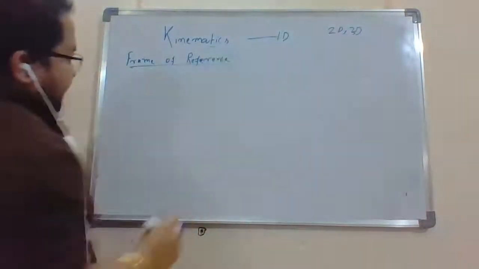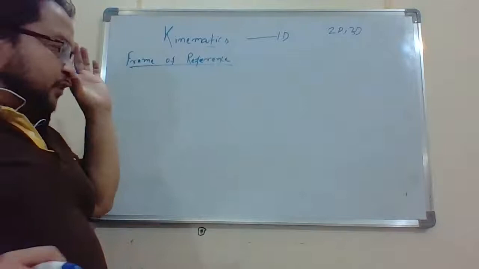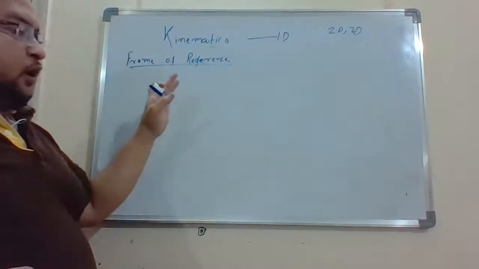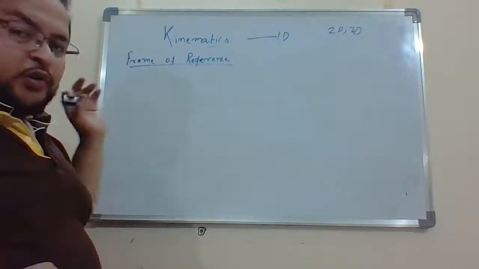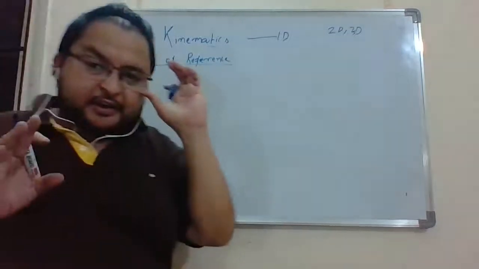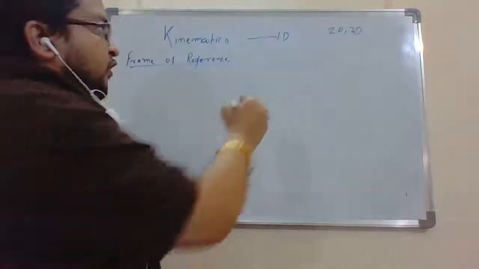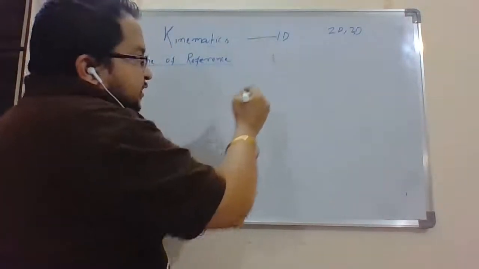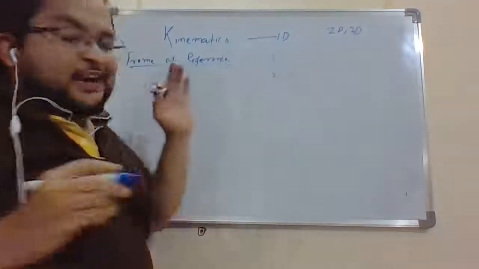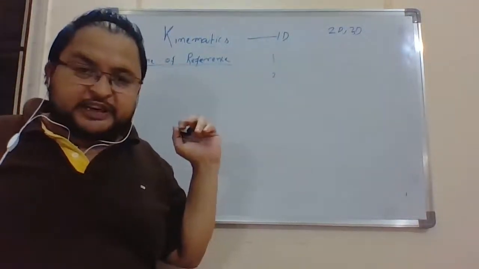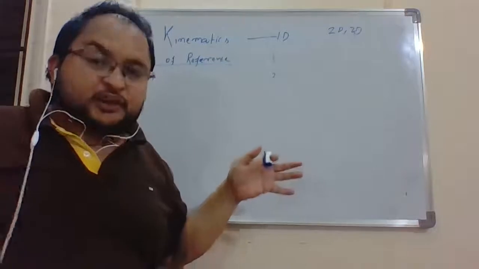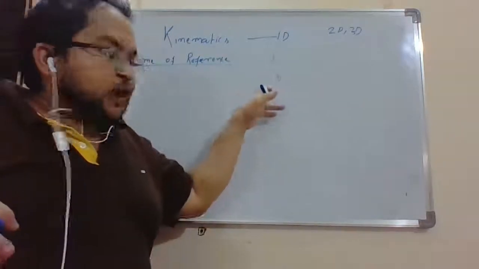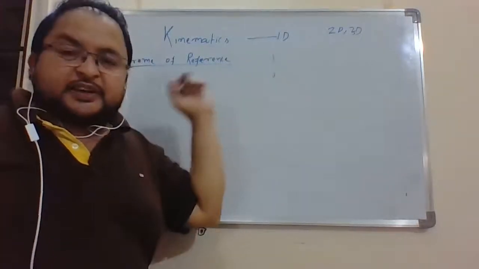Okay, and students, frame of reference, I would teach you around 4 times in my entire physics course. So first time we would study here, second time towards the end of kinematics, when we would study the relative velocity. At that time I would add some more concepts.